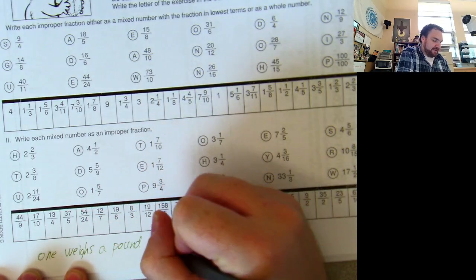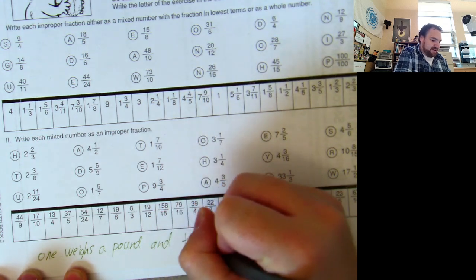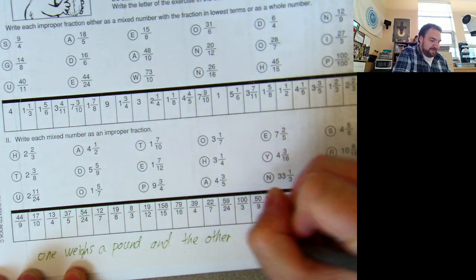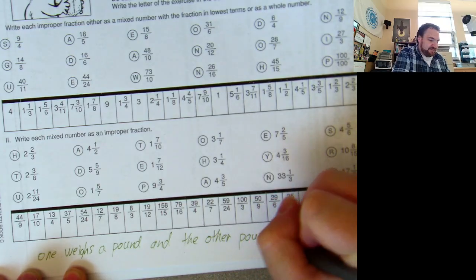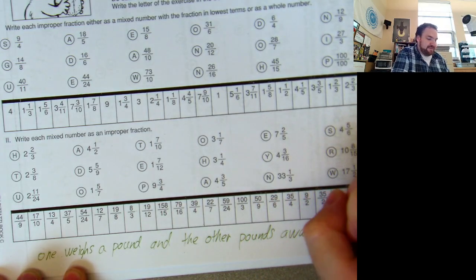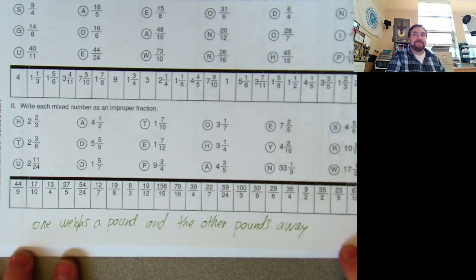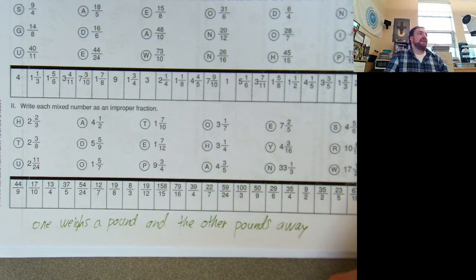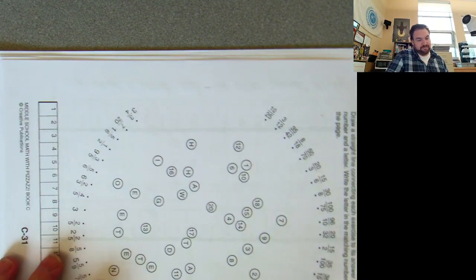A pound, and the other pounds away. Yeah, I didn't get the football joke though. The football joke's really bad. Yeah, if you did the football one, it's quite bad. The answer to the football one is, what'd you get? Something about a second string? Yeah, it was. He wanted to tie the game.